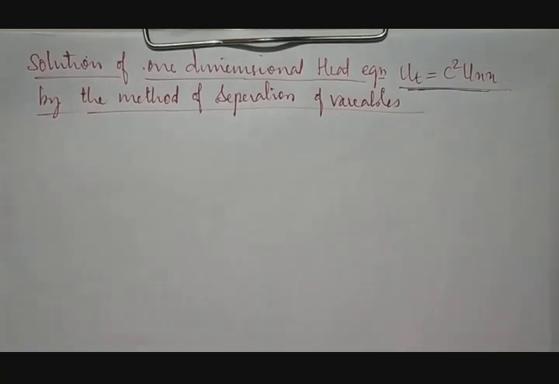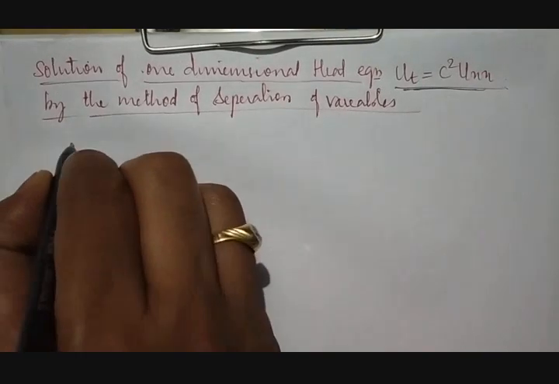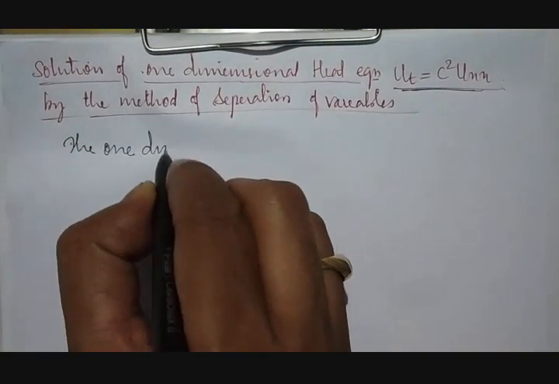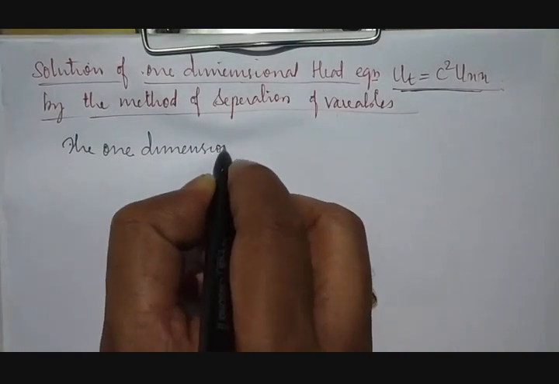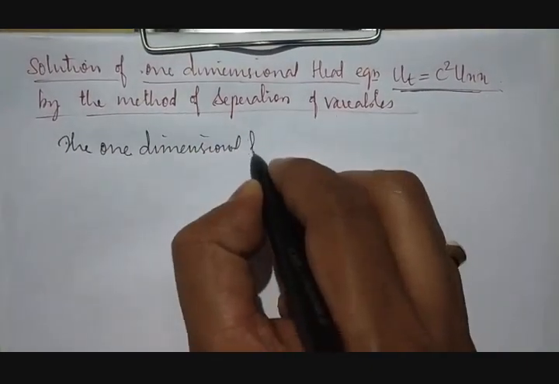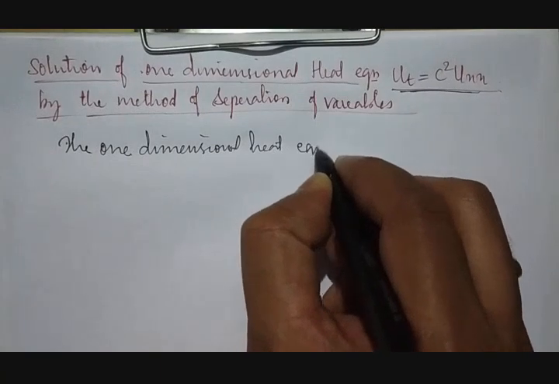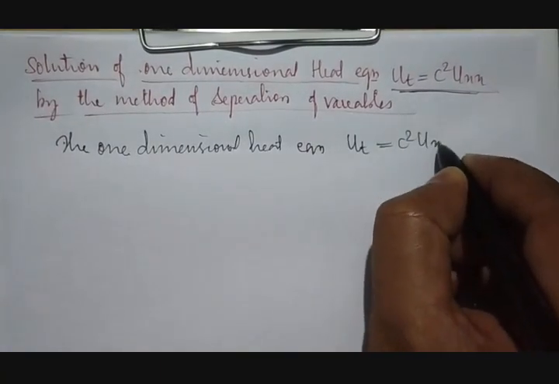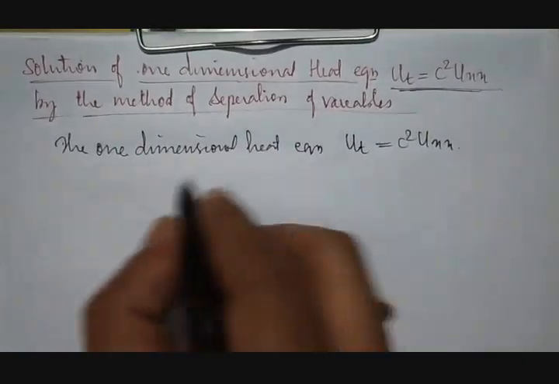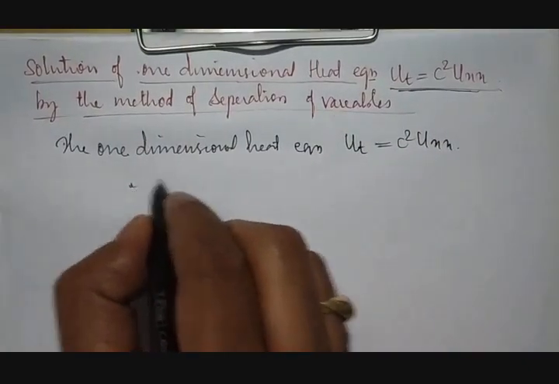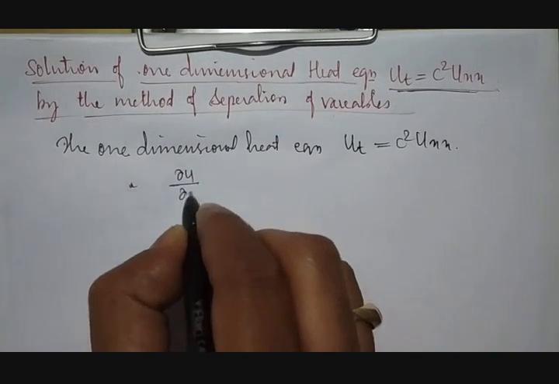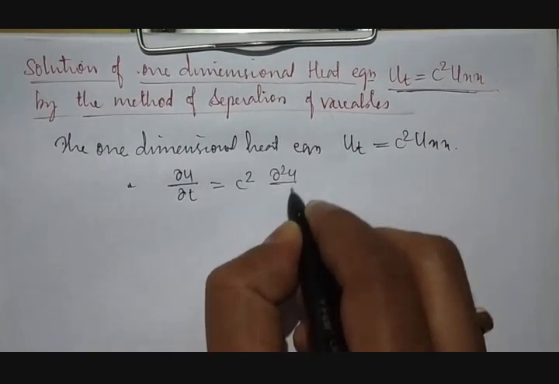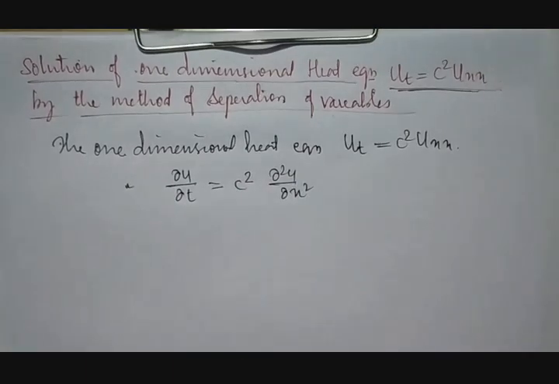For this, what to do? We know that the one-dimensional heat equation is u_t = c² u_xx, or even this is taken as ∂u/∂t = c² ∂²u/∂x².